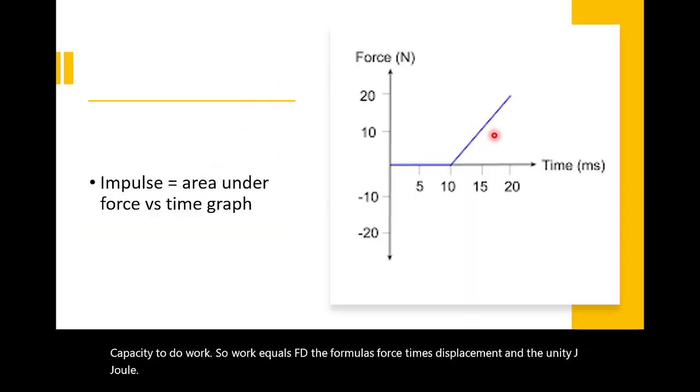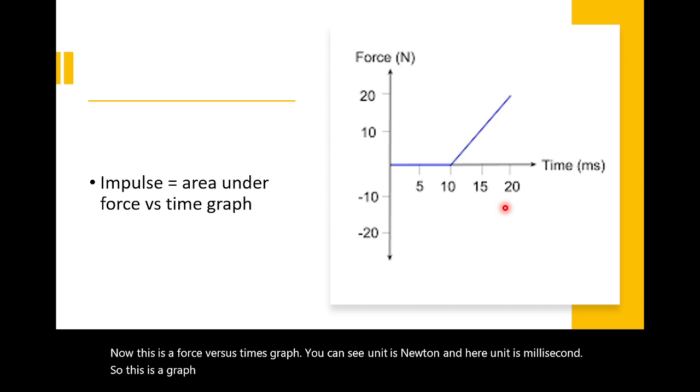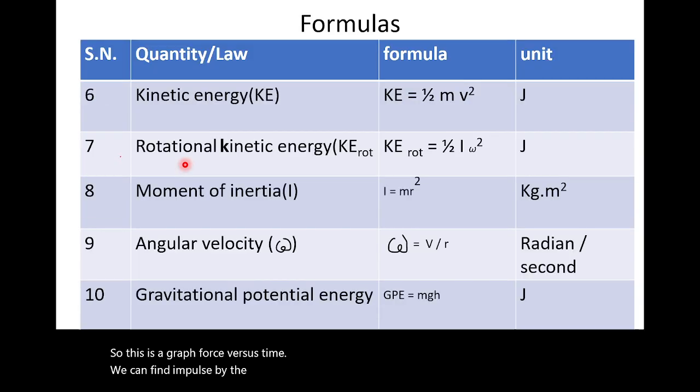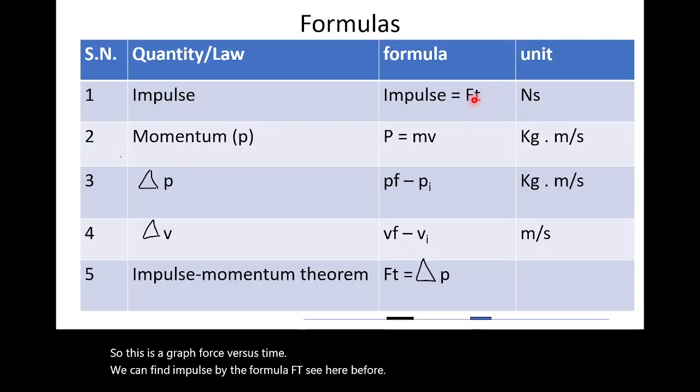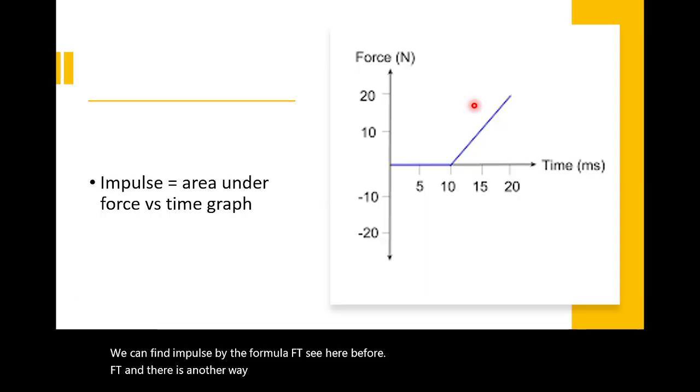Now, this is a force versus time graph. You can see the unit here is Newton and here the unit is millisecond. So this is a graph, force versus time. We can find impulse by the formula Ft, and there is another way also, which I am explaining now.